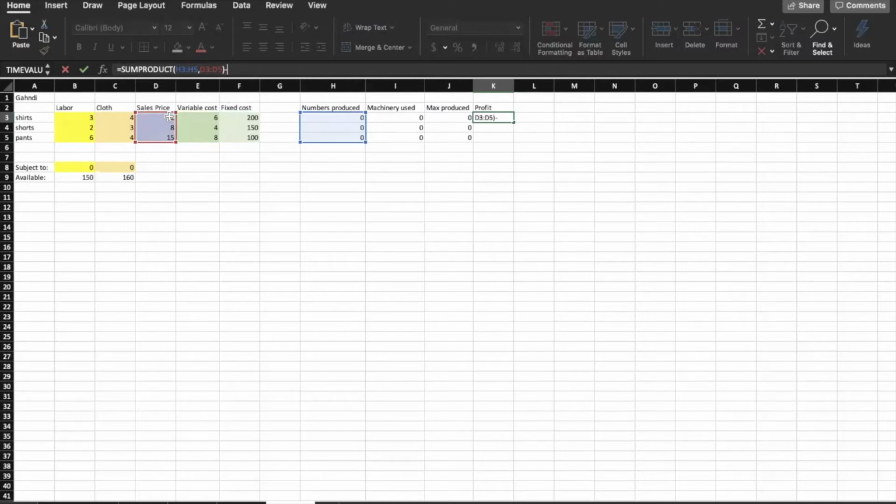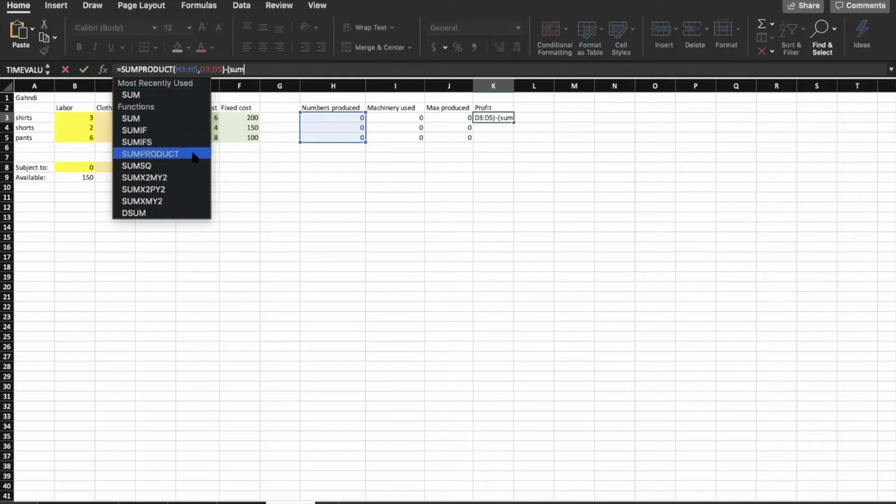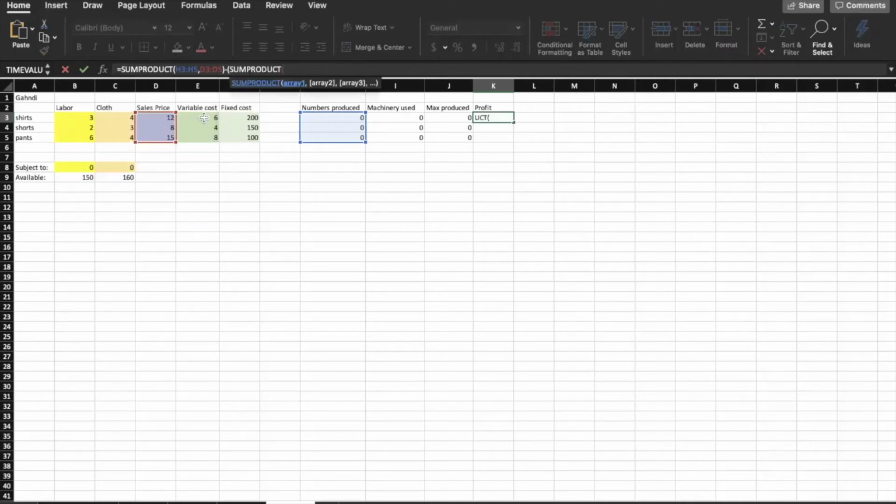And then I will subtract the cost, which would be the sum product of the variable cost with the numbers produced plus the sum product of the fixed cost and if the machinery was used or not.